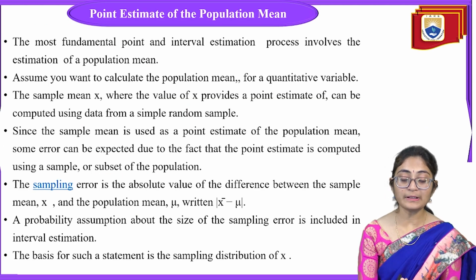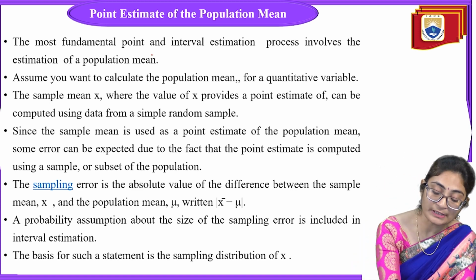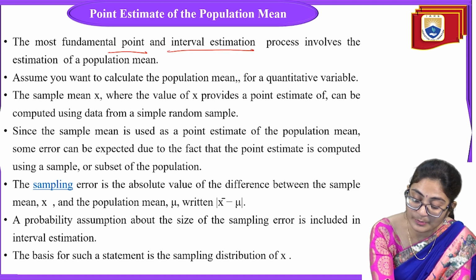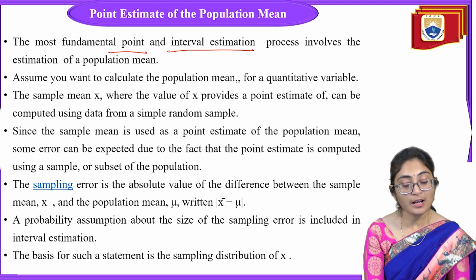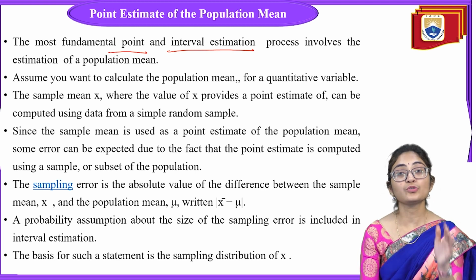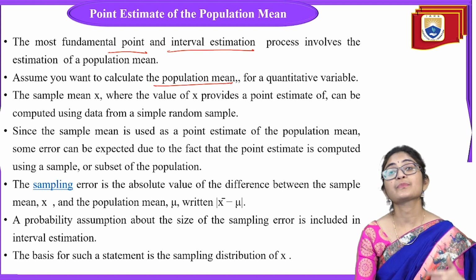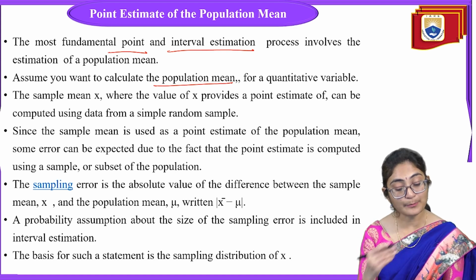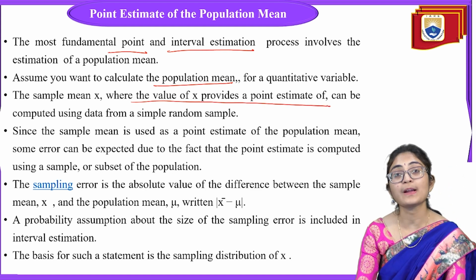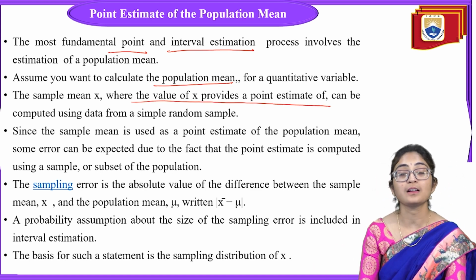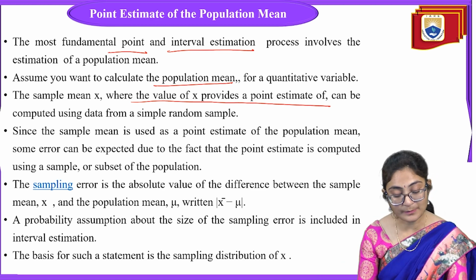So now we will see the point estimate of the population mean. The most fundamental point and interval estimation process involves the estimation of the population mean. Consider you have to calculate the population mean, for a quantitative variable, and the sample mean x bar, where the value of x bar provides the point estimate of mu and can be computed using the data from a simple random sample.